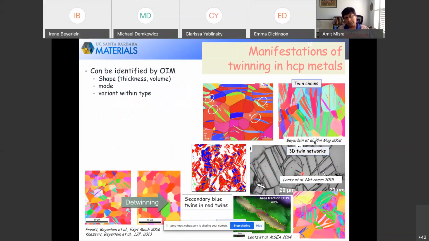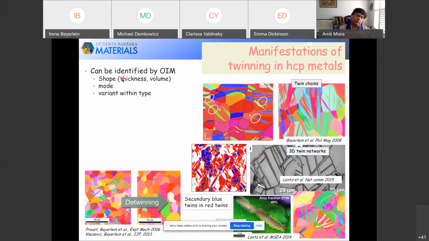Now, just to go over some manifestations of twinning that we see, and I have pictures of HCP metals, but it's a very similar thing in other metals as well: twins usually don't occur in this nice single pattern of one twin within a grain that we use to study. Typically they have very complicated structures when they form.